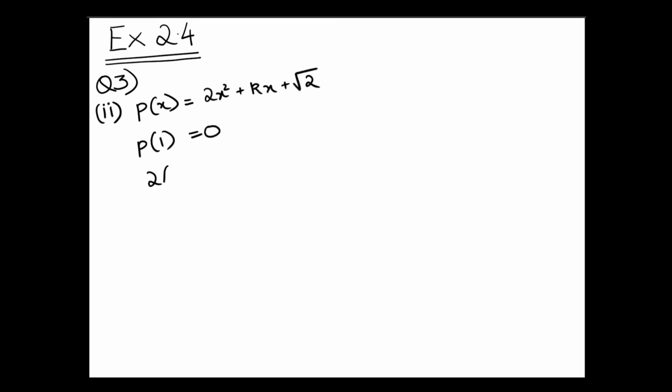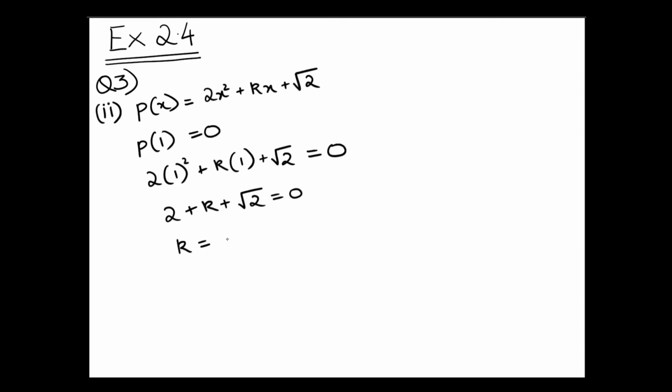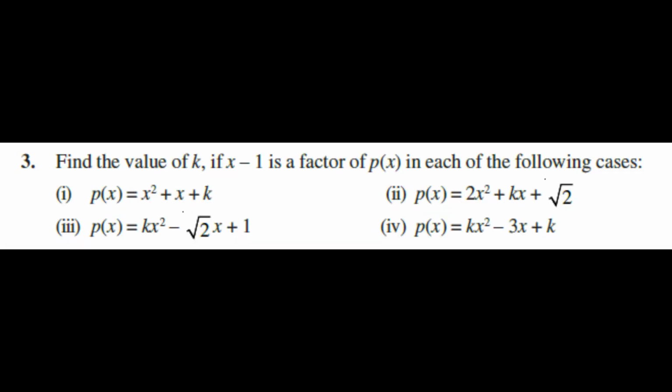And the value of p of 1 would be 2 into 1 square plus k into 1 plus root 2. And we can equate this to 0. This gives us 2 plus k plus root 2 is equal to 0. K is equal to minus 2 minus root 2. That's the value of k for the second part.